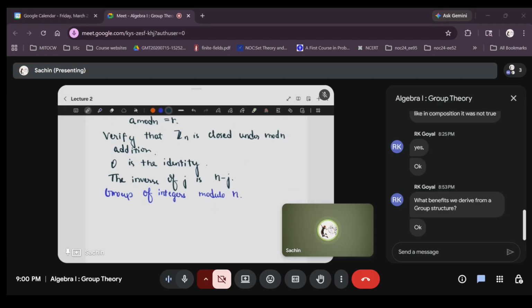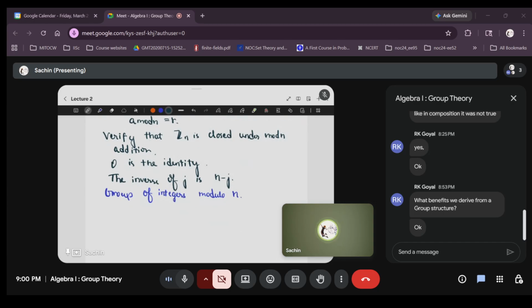Okay. We have some more examples. We'll do them tomorrow. Once we have maybe 4 or 5 more examples, and once we are done with them, we'll go to some elementary properties, some very basic properties of groups.